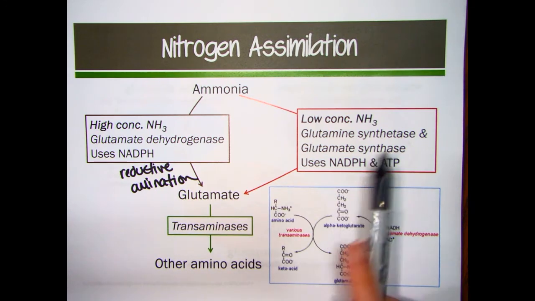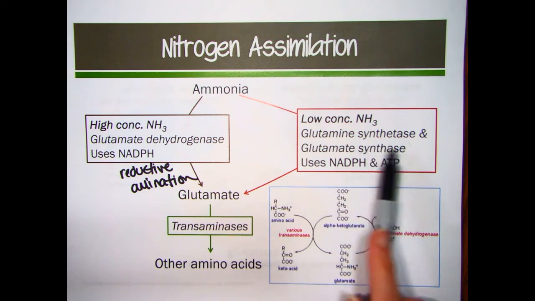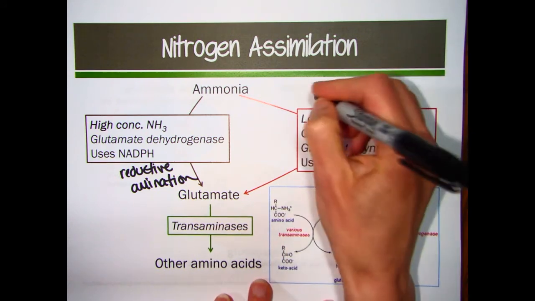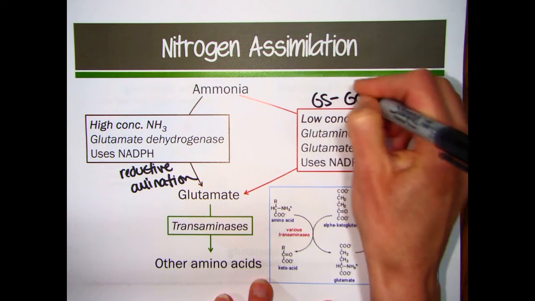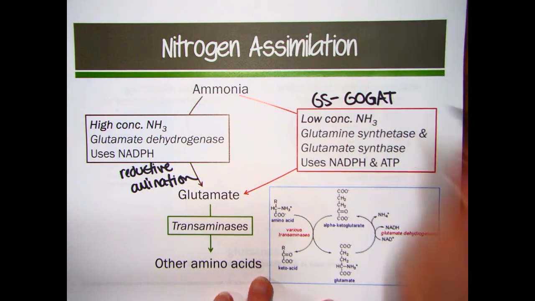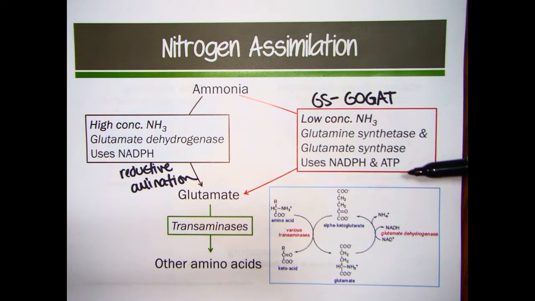If there is a low amount of ammonia, then the bacterium will use this system, which is called the GS-GOGAT system. And the low concentration system requires ATP, so the cell will not use it unless it has to. Both of these processes will make the amino acid glutamate, and then transaminases will be used to make other amino acids.